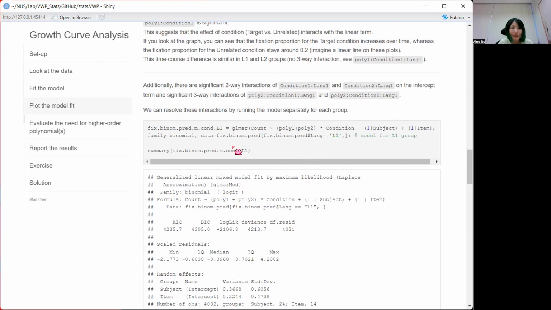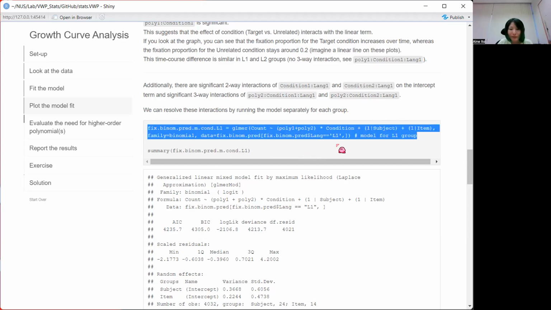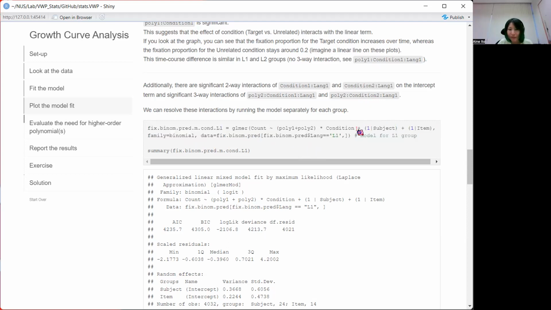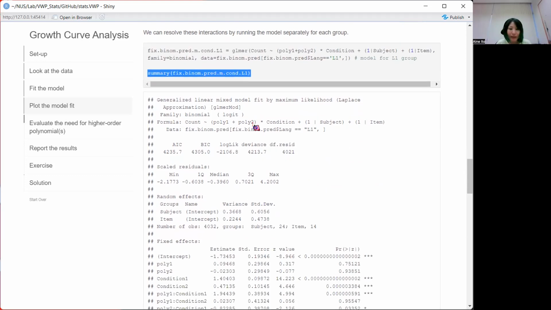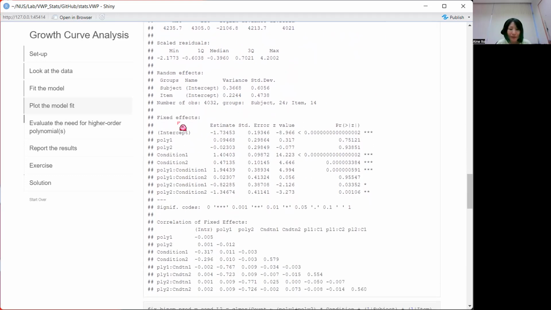So if I run the model for A1 speakers using this command, what this did is just took out the language factor predictor here, and then just took the data from the A1 group. So this is just testing the effect of condition and its interaction with the polynomials within A1 speakers. If I get the summary of this model, we have a bit compact fixed effects here.